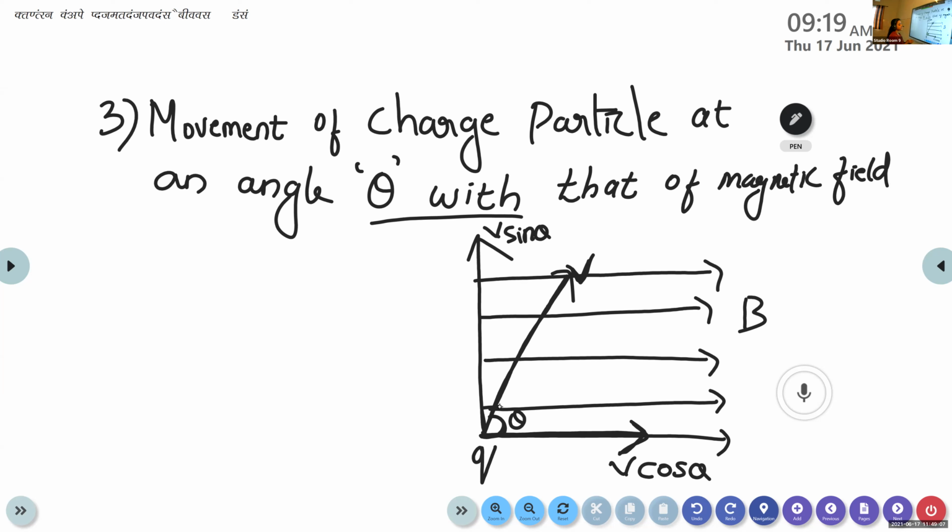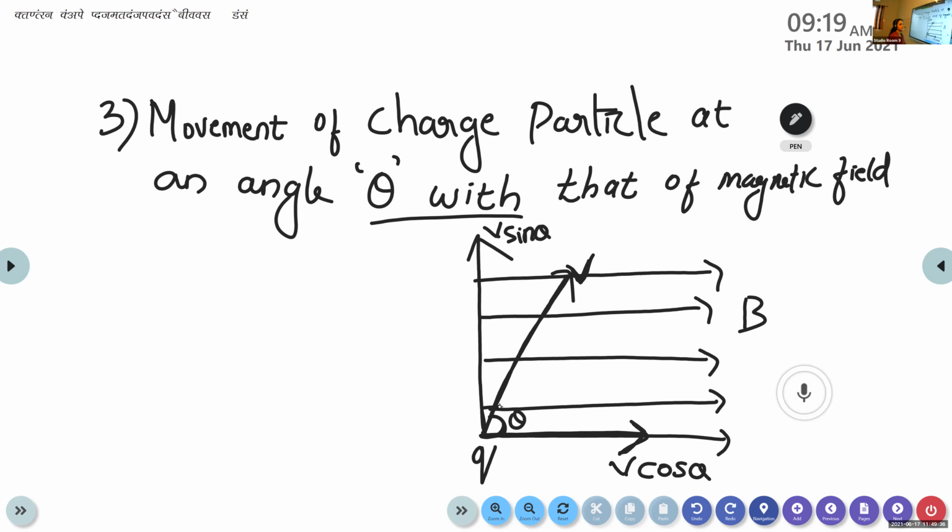And students, can you say from this, which component is responsible for the movement of the charged particle inside this magnetic field? Is it by v cos theta or by v sin theta? V sin theta. Yes, very good, Punya. It is due to v sin theta.